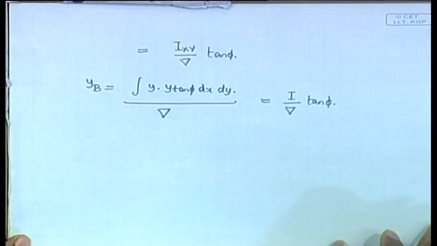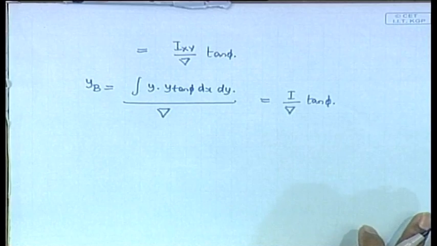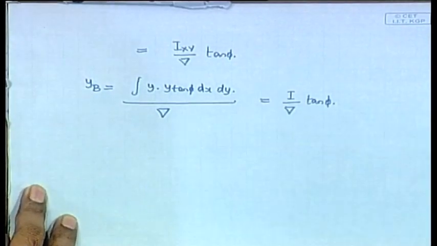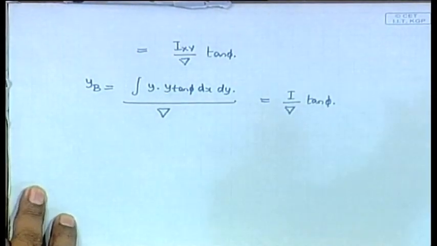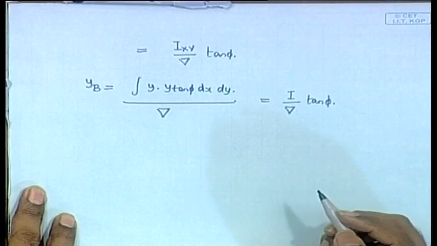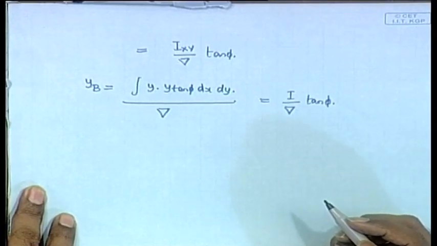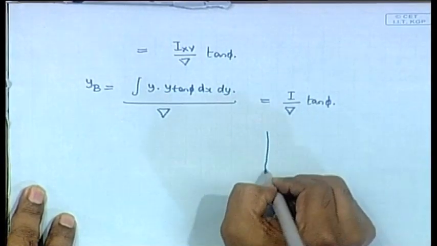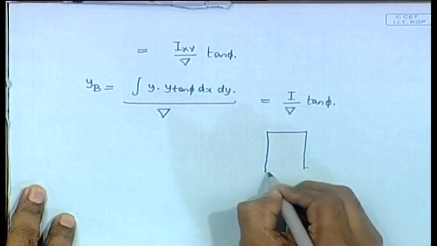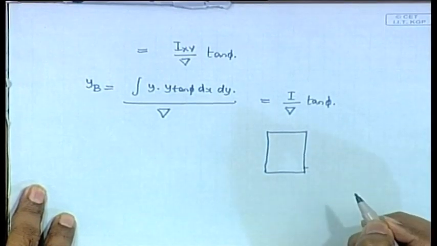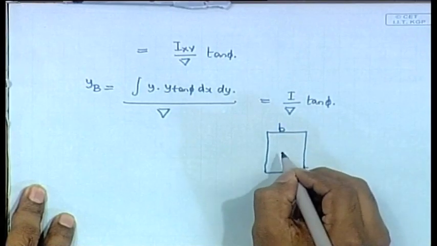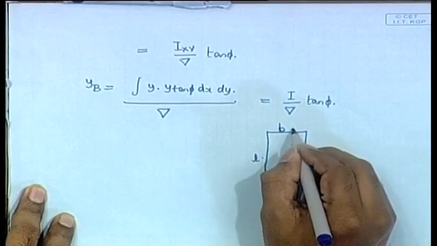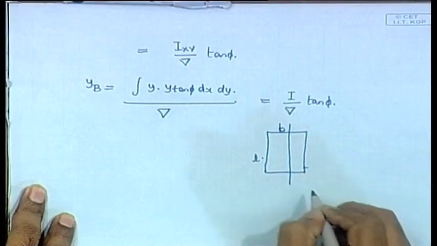Now, it is also important that you remember some things when you get this expression. What I remember I will tell you, like some moments of inertia you have to remember by heart, for example, that of a rectangle, like a circle. For a rectangle, let us assume this is B, this is L, and let us suppose you are taking the moment of inertia about this axis.